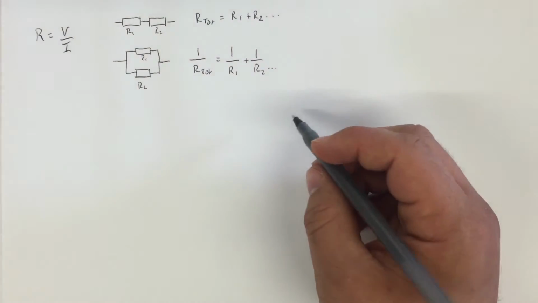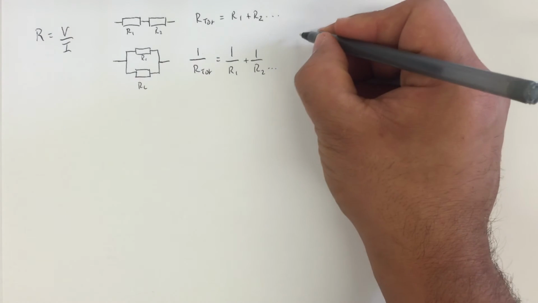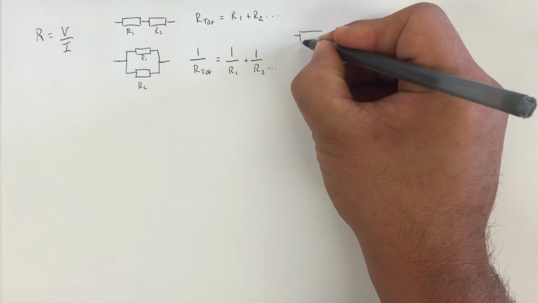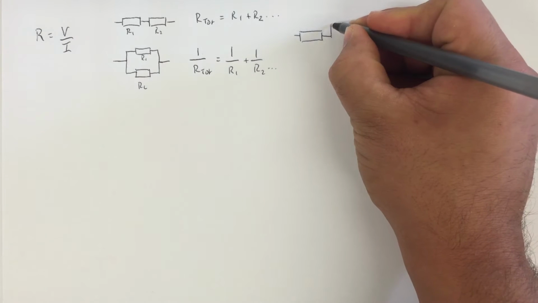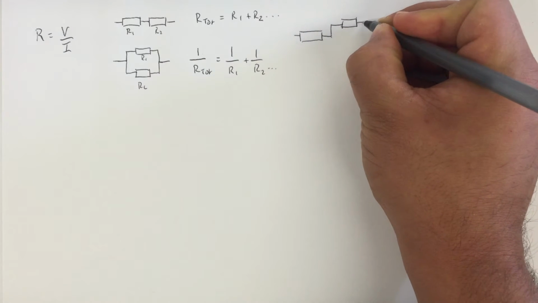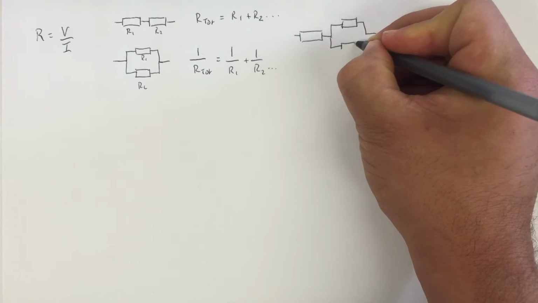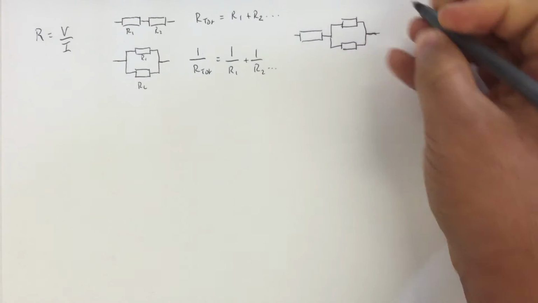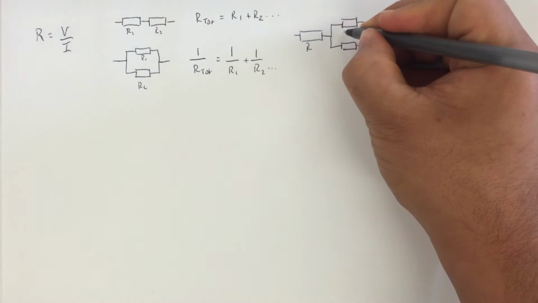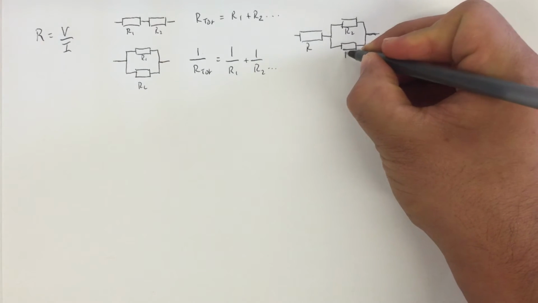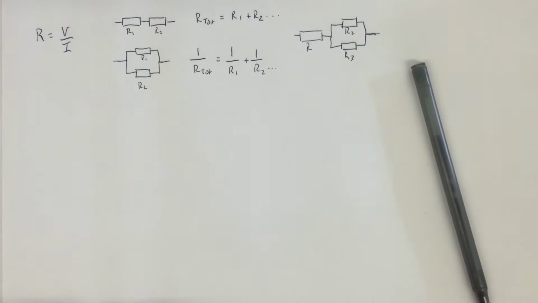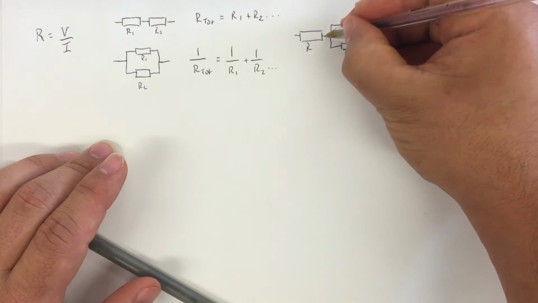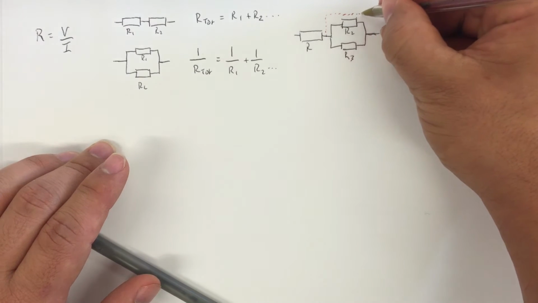Just as a little point to bear in mind, if I had a circuit where I have a parallel component, so I've got R1, R2, R3, what I do here is work out the parallel components separately first.